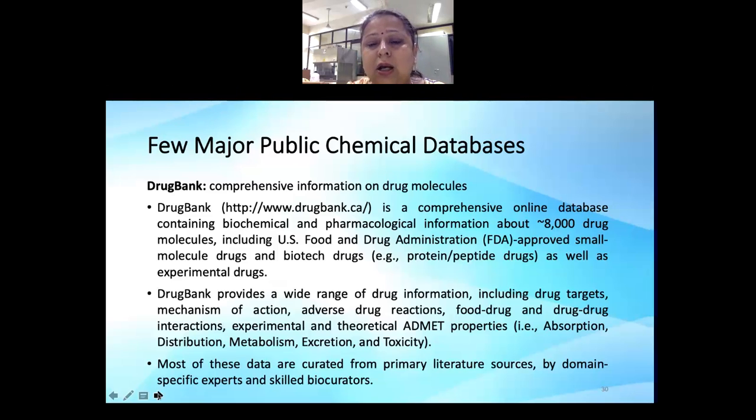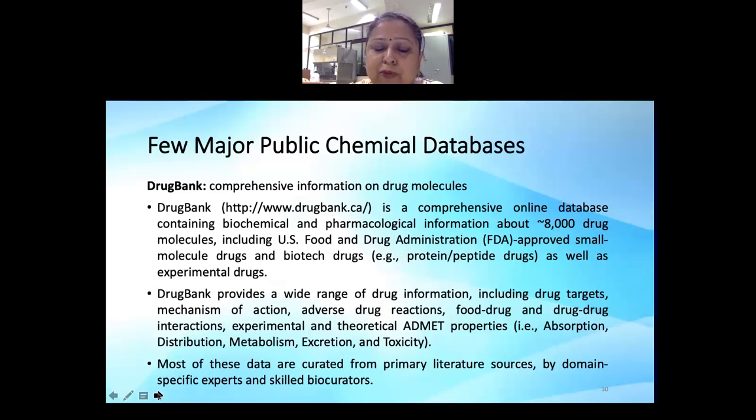DrugBank is a comprehensive online database containing biochemical and pharmacological information about approximately 8,000 drug molecules. It includes US FDA approved small molecule drugs and biotech drugs, which are protein or peptide derived, as well as experimental drugs. DrugBank provides a wide range of drug information, including drug targets, mechanism of action, adverse drug reactions, food-drug and drug-drug interactions, experimental and theoretical ADMET properties.